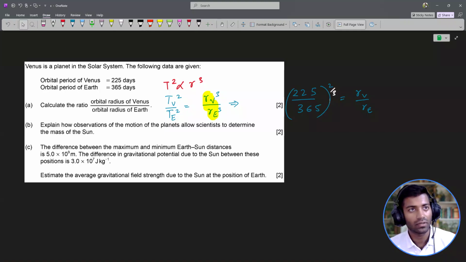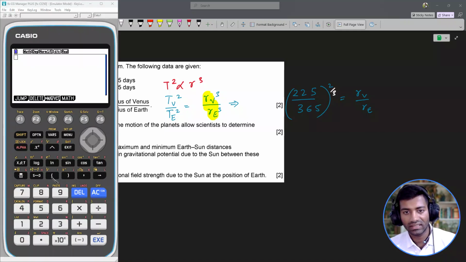So we'll bring up the calculator. Let's start the bracket: 225 divided by 365, close the bracket, and put a fraction in the exponent, 2 by 3.